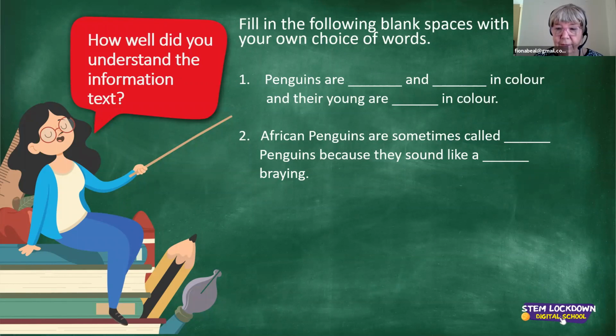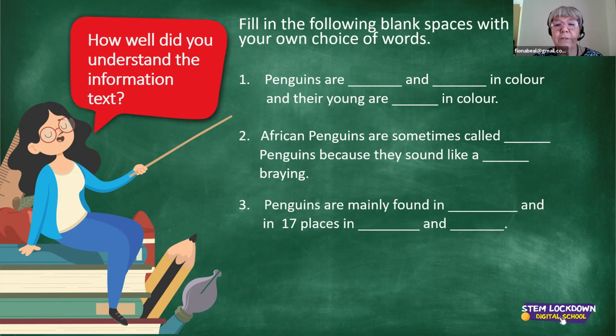I'm seeing answers there. Good. Number 3. Penguins are mainly found in something and also in 17 places in something and something. So they're found in the one big place where there's snow, and they're also found in 17 places. Okay.